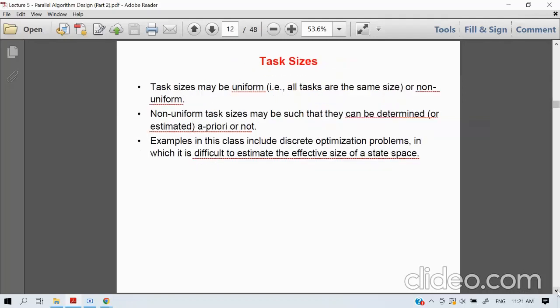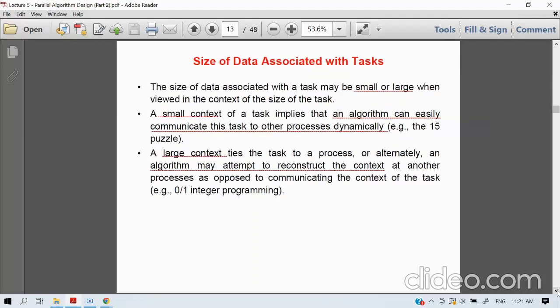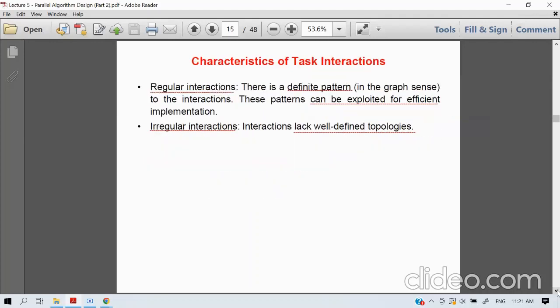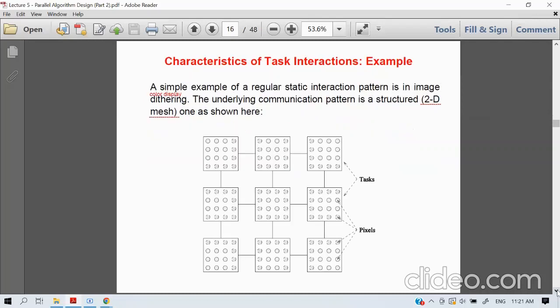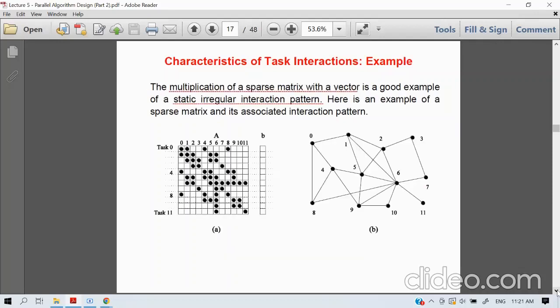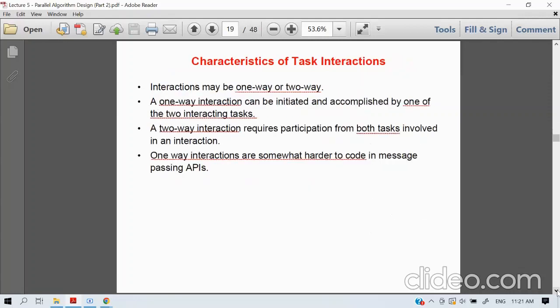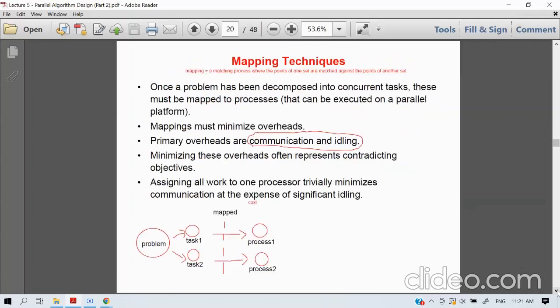For today's lesson, we want to look at how to do mapping. After we have decomposed the task into subtasks, those subtasks need to be mapped onto several processes. So we want to look at the techniques that can be used for the mapping process.